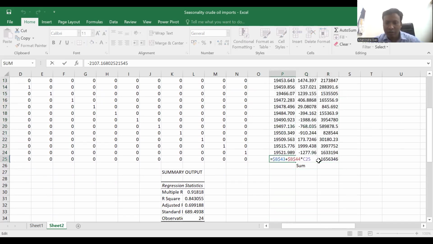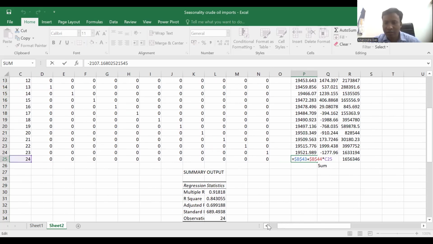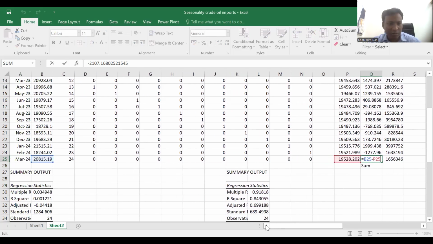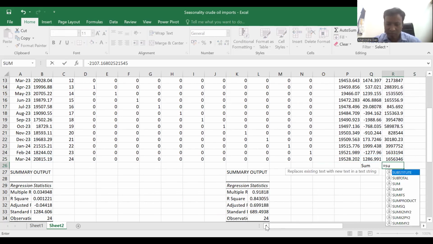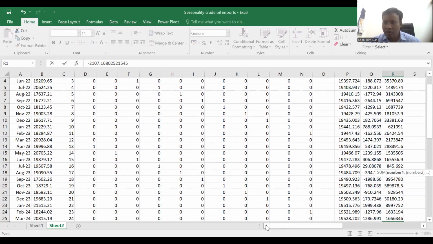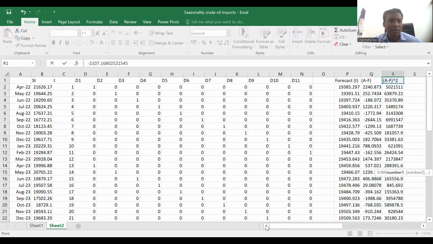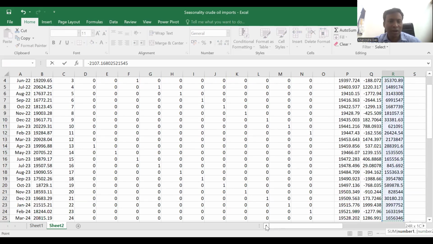So for 24, the coefficient remains same. However, you have time coefficient is now 24, right? Actual minus forecast is visible here, and your deviation square is here. So what was to be done? You had to sum the deviation squares. That's from R2 to R25 here.